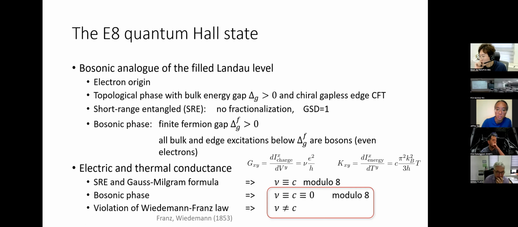In this situation, the filling number nu is not equal to the central charge C. So this means that the difference is a non-zero integer multiple of 8. So in this case, if nu is not C, then the topological phase must involve many-body interaction and cannot be described in mean field by a single-body mean field Hamiltonian.